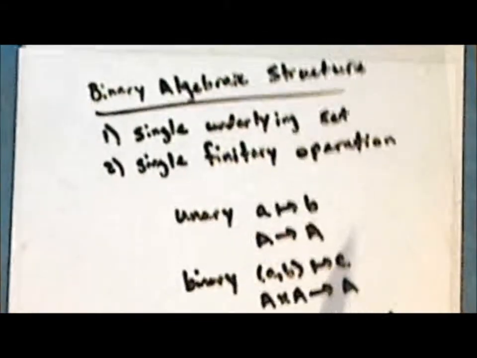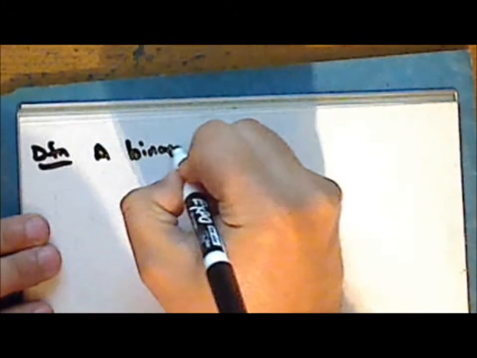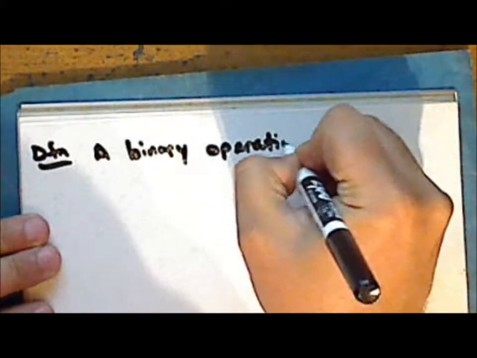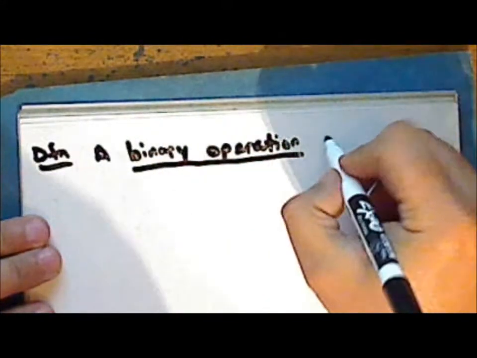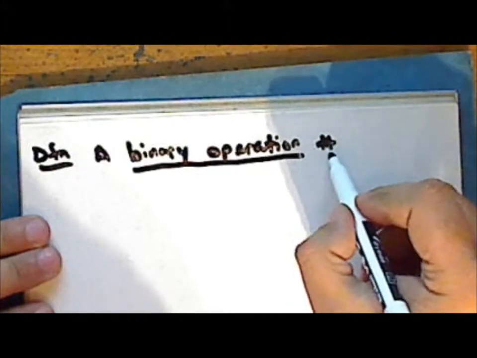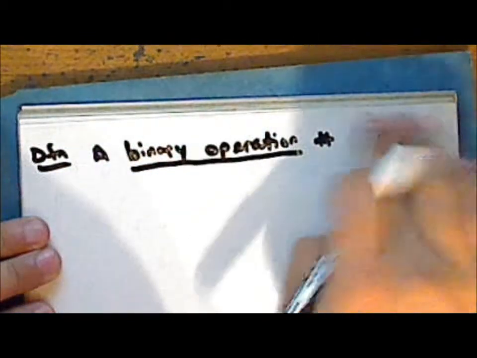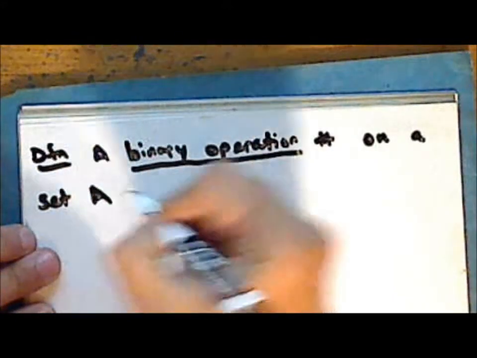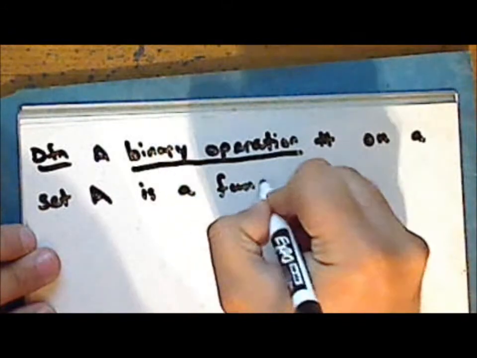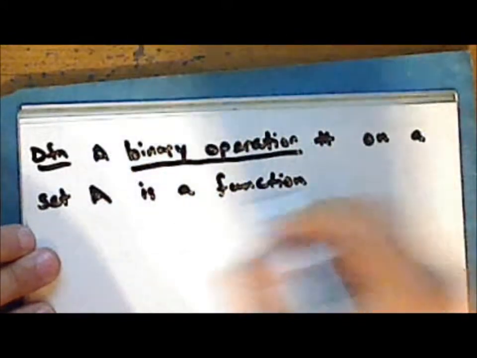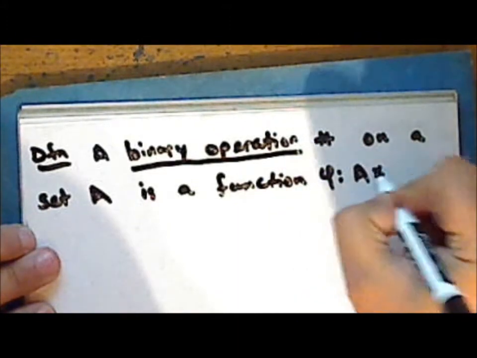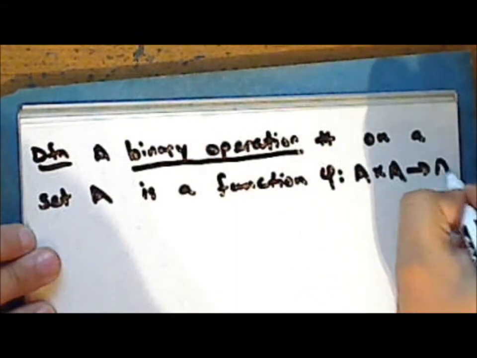So let's define what that is. A binary operation, which we generically denote with the symbol star, is a function, well, binary operation star on a set A is a function, which we will denote phi, mapping ordered pairs of the set back into itself.